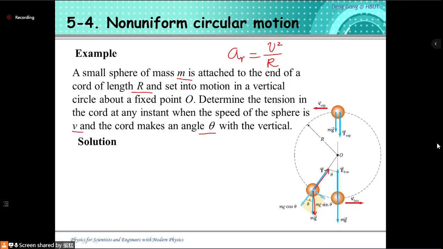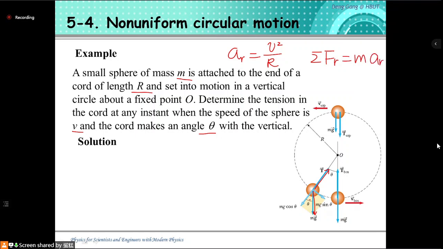And according to Newton's second law, the net force in the radial direction should be equal to mass times a_r.